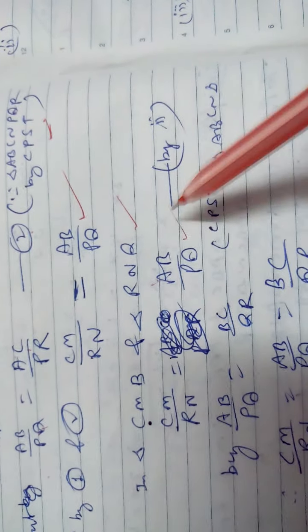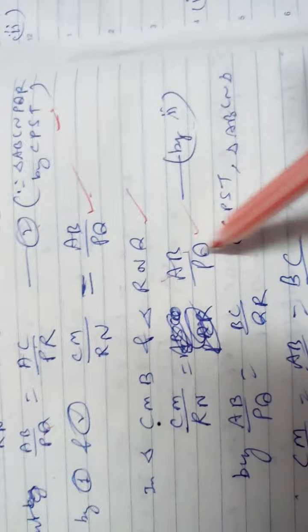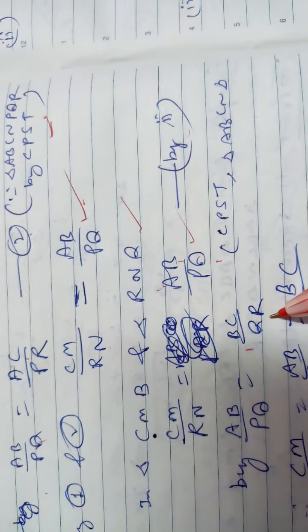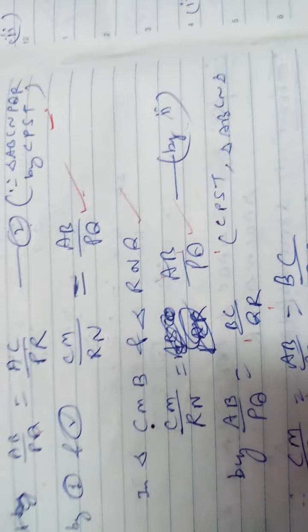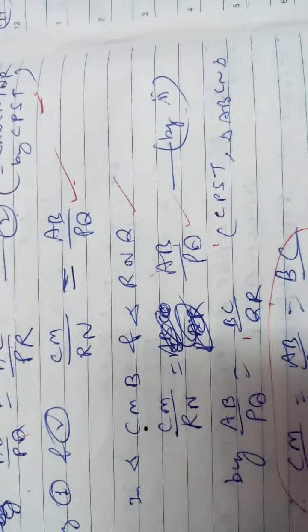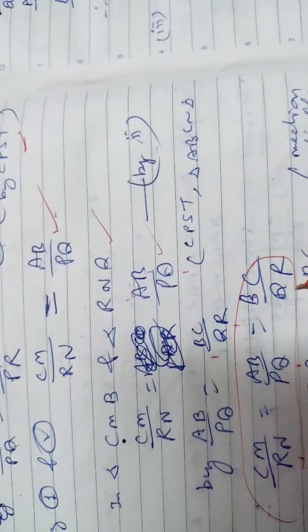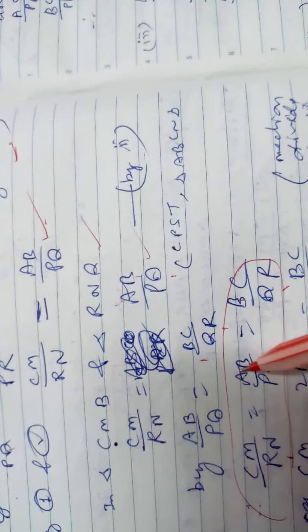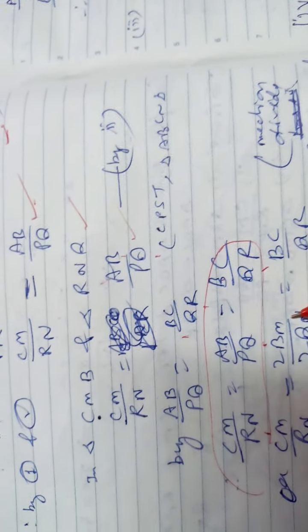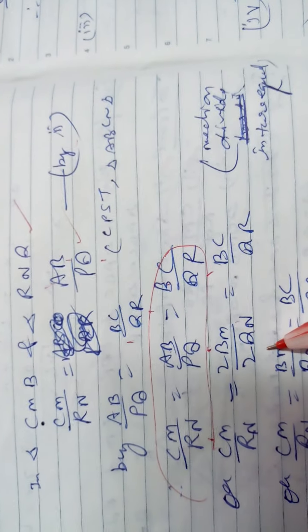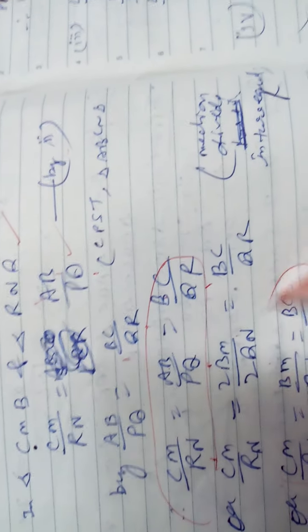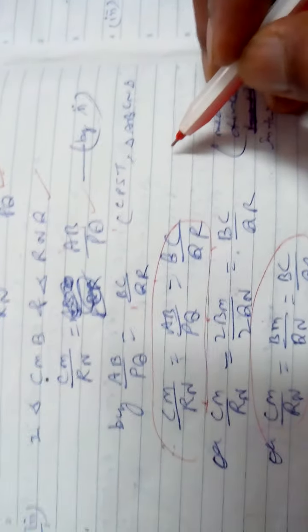CM upon RN is AB by PQ, we have proved here. AB by PQ is already BC by QR. It means all the three ratios are equal: CM by RN, AB by PQ, BC by PR. But AB you can write twice of BM, twice of QR. So now you are getting this for this small triangle. Which small triangle?